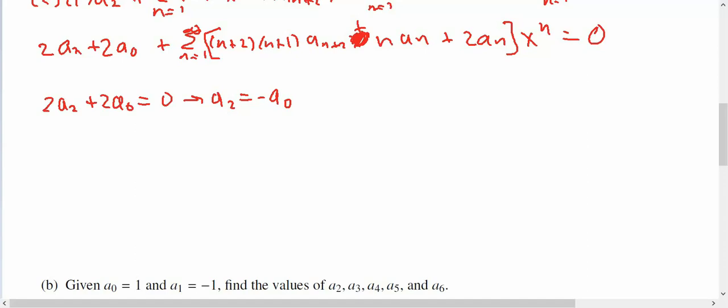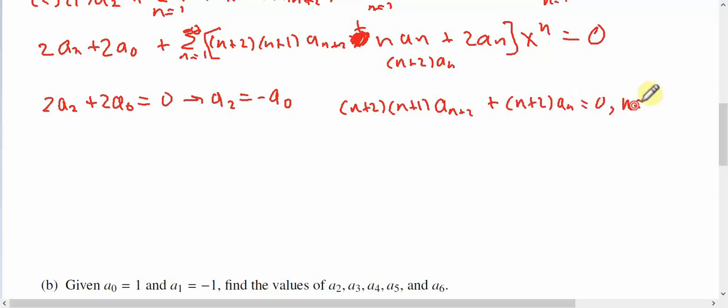So let's see, from in here I know that these two are going to combine to give me n plus 2 times an. So here's what I have. I have n plus 2, n plus 1, a sub n plus 2 plus n plus 2 an has to be 0.